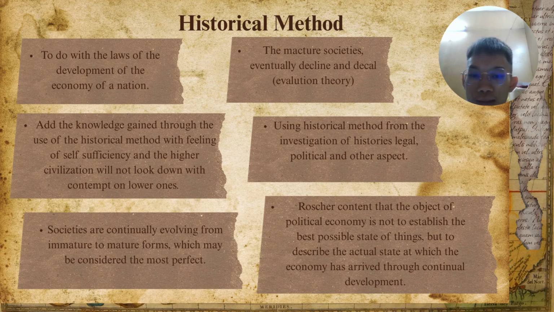He thus suggested that with better historical understanding and accurate data, we could resolve many of these disagreements. Roscher also believed that societies evolve from immature to mature forms. However, even mature civilizations are not immune to decline and decay. This idea helps promote cultural humility.